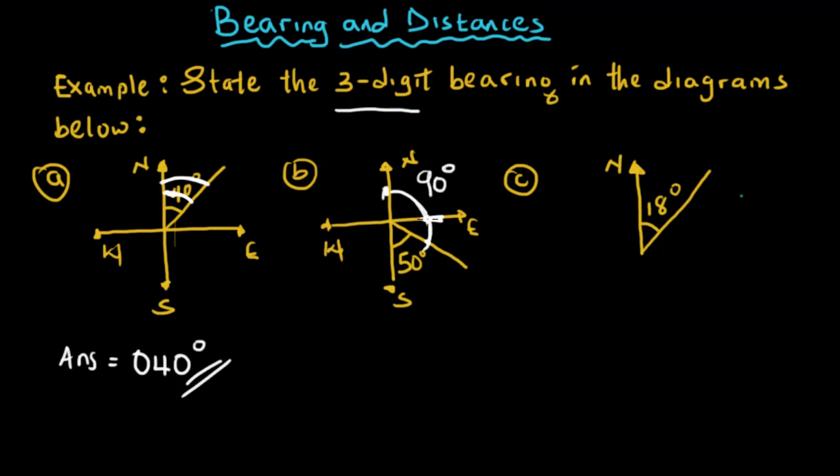Now we need to find from this place to this place. Does that make sense? Now if from here to here is 50, it means that to get this angle here, we just do 90 minus 50. And 90 minus 50 is 40. So we have 90 plus 40. 90 plus 40 will give us 130. So our answer is 130 degrees.